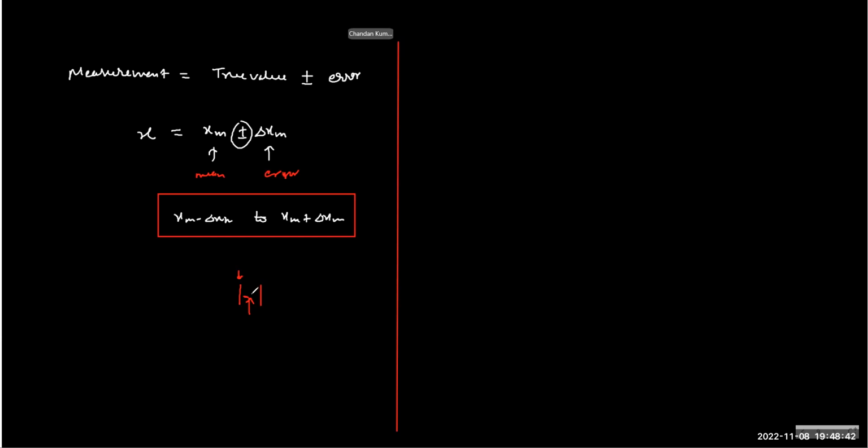If the edge is falling here, then up to this value I can always quote that this is the answer for sure, and this is the uncertainty.